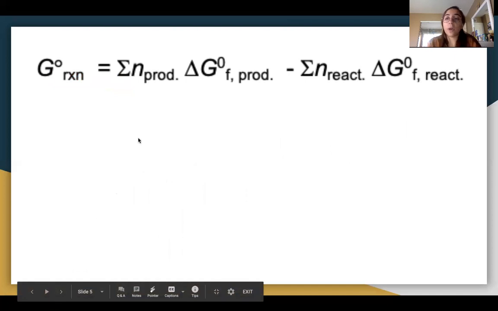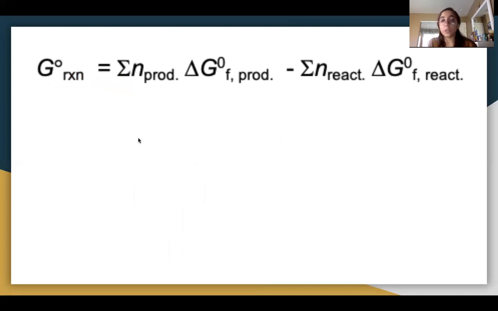So in order to find the delta G of the reaction, we do the number of moles times the delta G of each product, and we sum them together, and then we subtract the number of moles times the delta G of every reactant.